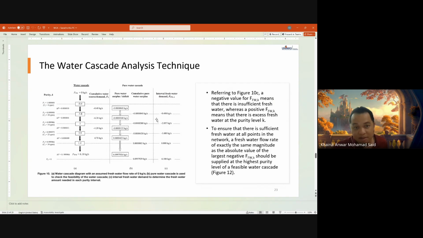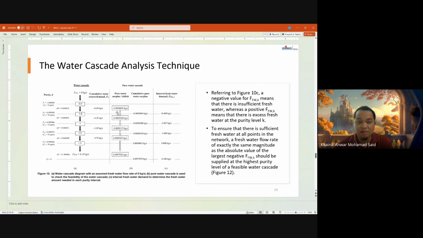The largest negative here is negative 2.057 kg per second. So based on 2.057 kg per second, we choose this value as the freshwater feed, instead of 0.